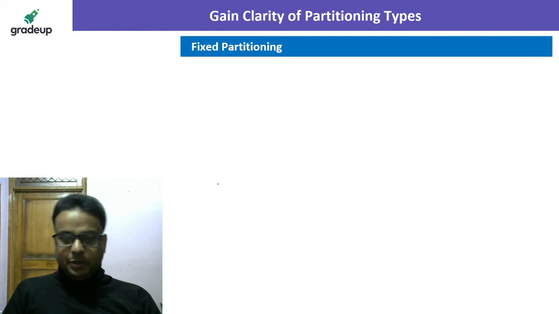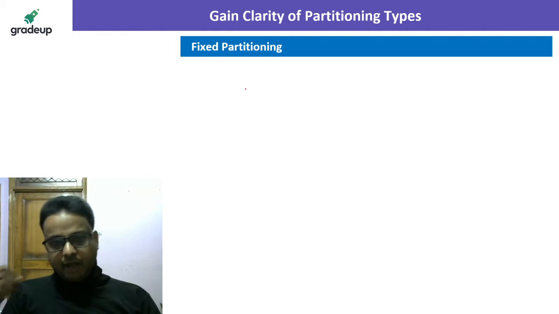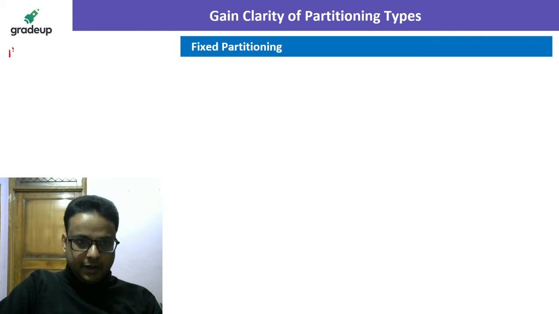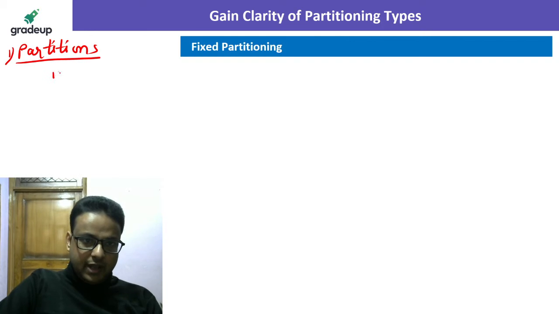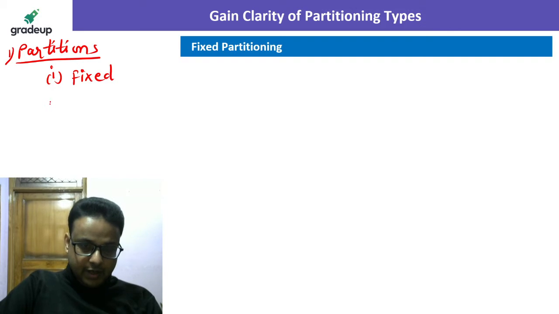So partitioning, we have two types. One is fixed partition and the second is variable partition.